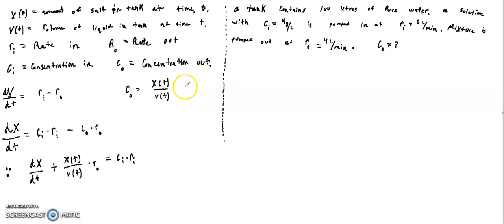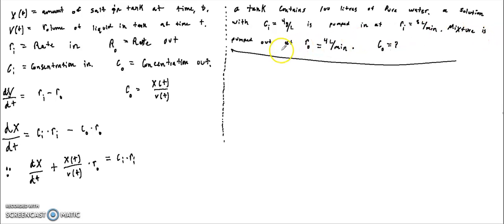is second order derivatives. But for right now, I want us to look at our question, which is: a tank contains 100 liters of pure water. A solution with a concentration of 4 grams a liter is pumped in at a rate of 5 liters a minute.